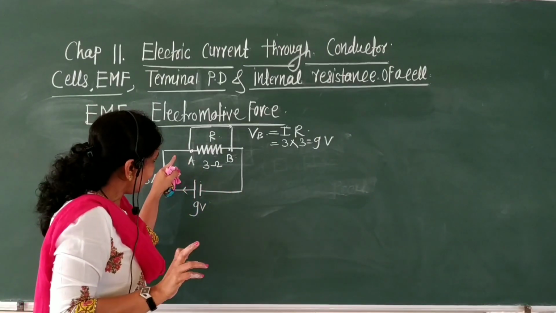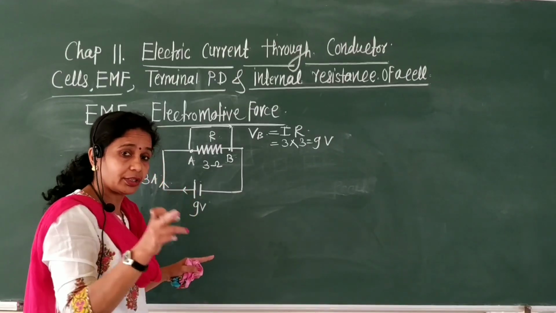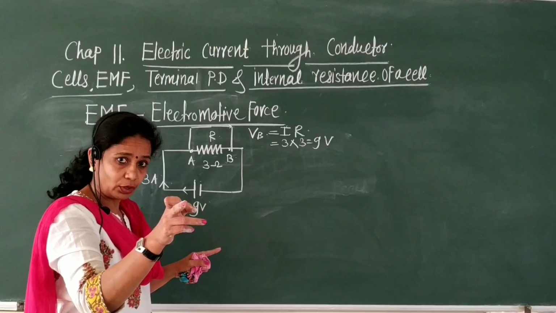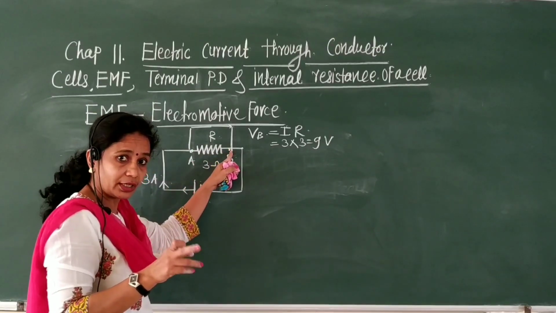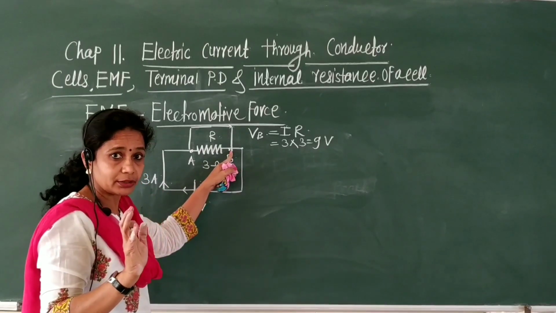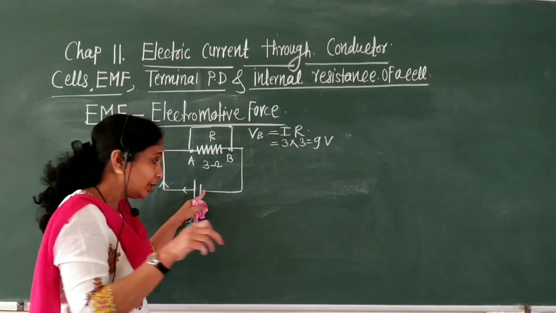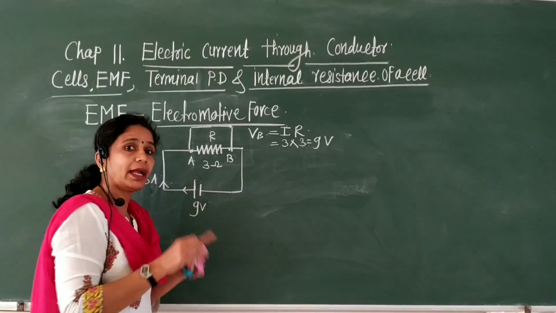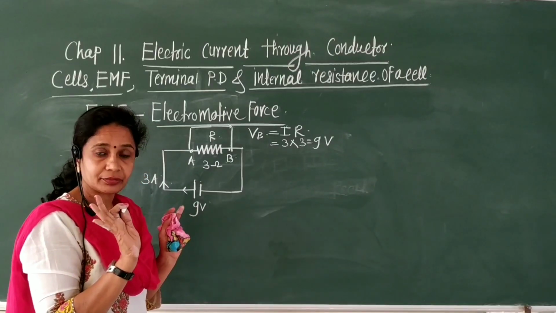This battery gives the energy to the electron or charge. When this charge comes here at point B, it loses some amount of energy. When it comes towards the negative terminal of the battery, it loses all the energy.